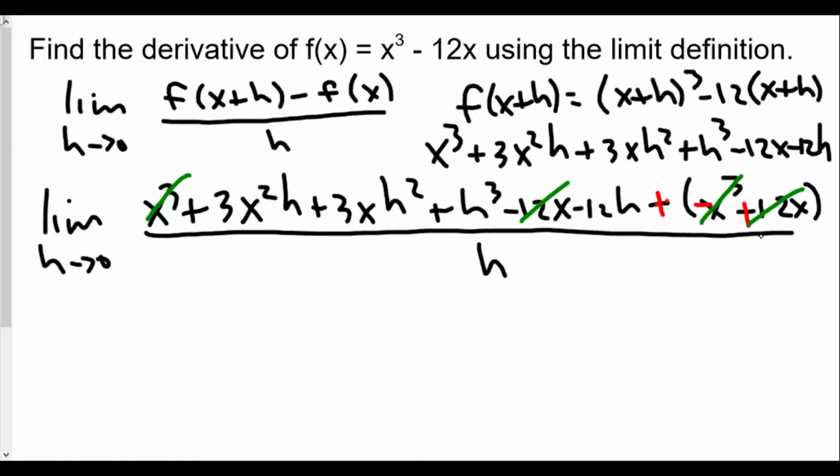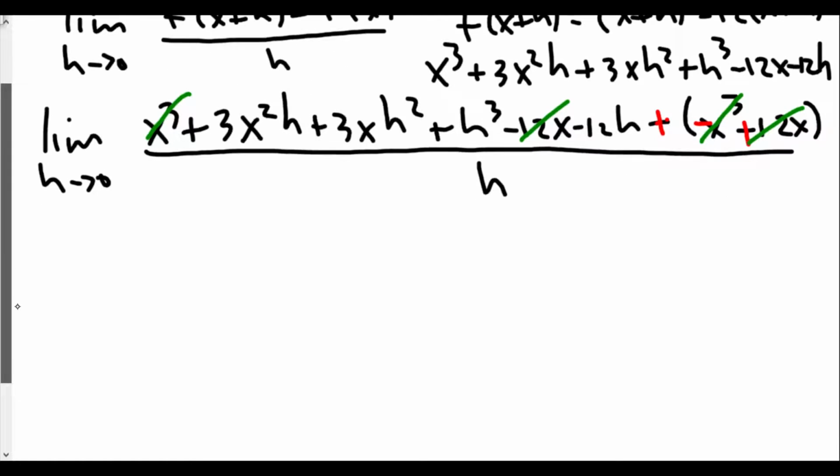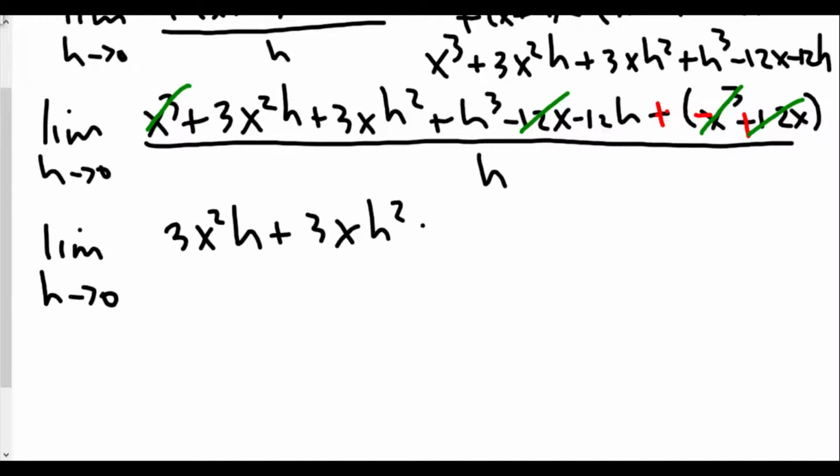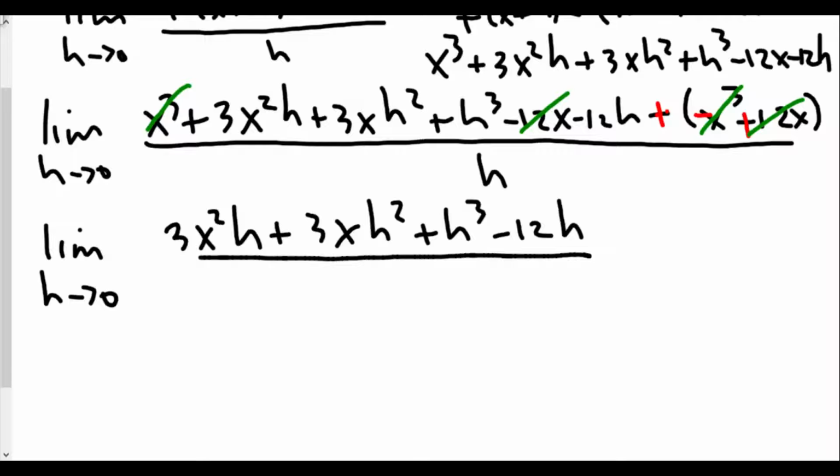So now we're left with the limit as h approaches 0 of 3x squared h plus 3xh squared plus h cubed minus 12h all over h. Now, if you plug in h, you get 0 over 0, that indeterminate form. We haven't solved anything at this point.